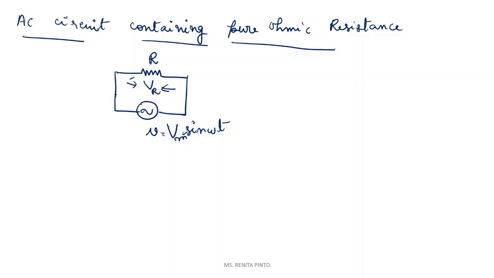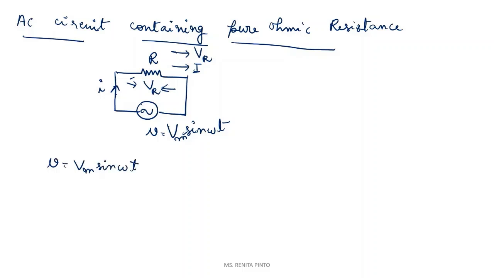Now, current I flows in the circuit. So you can see here the alternating voltage V is equal to Vm sine omega t is applied to the circuit.